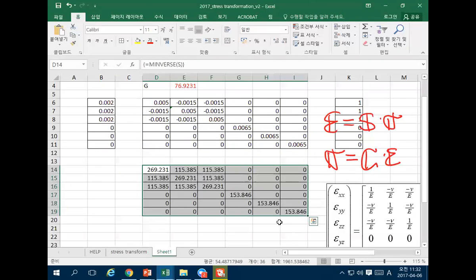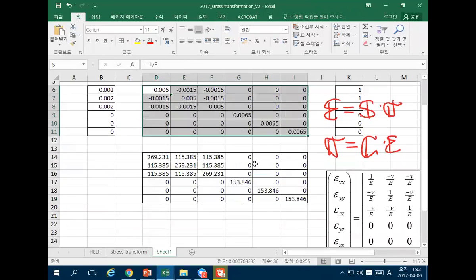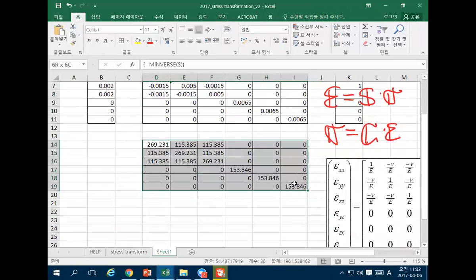This is the inverse of this 6 by 6 matrix. So this is called, we call what? C matrix. Okay. C is a very special character. We're not allowed to use C as a name. C mesh라고 부릅시다.